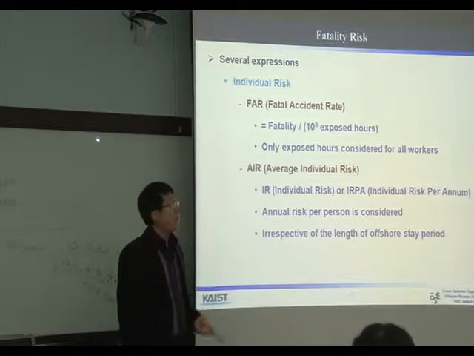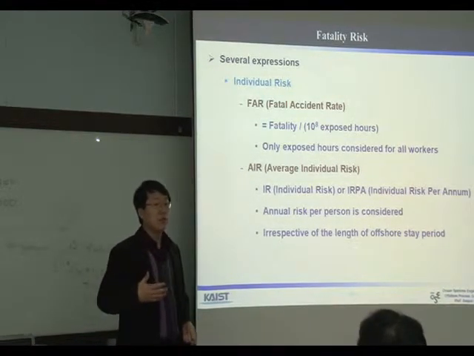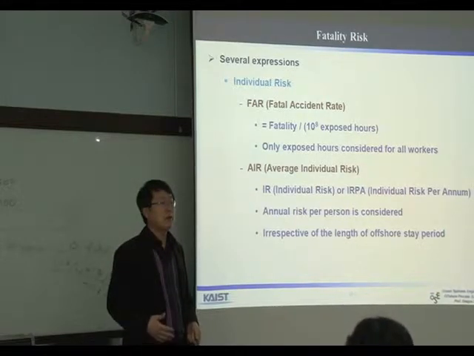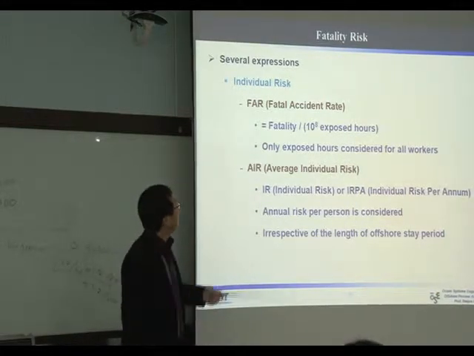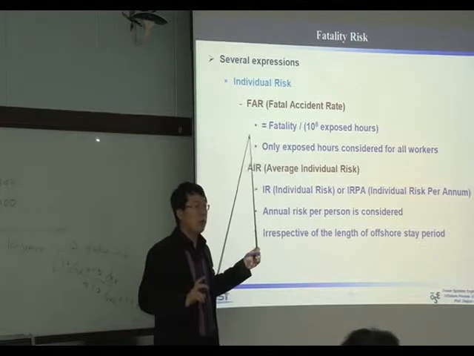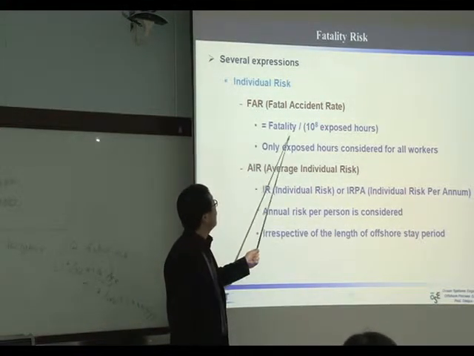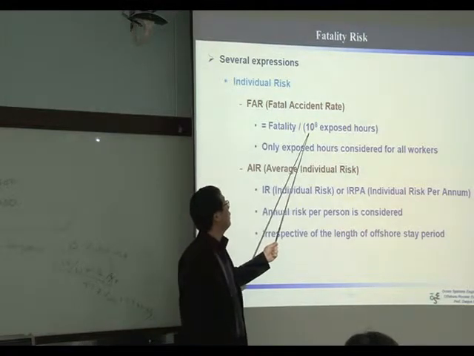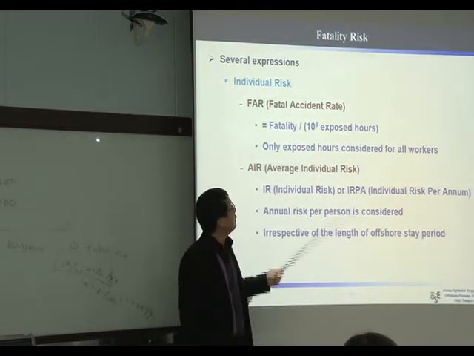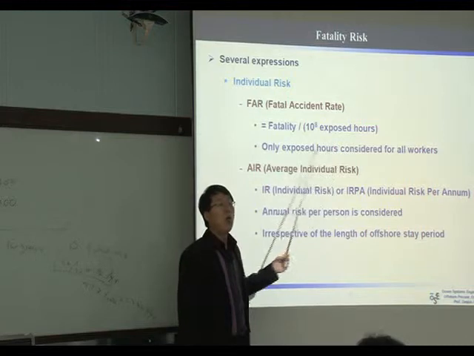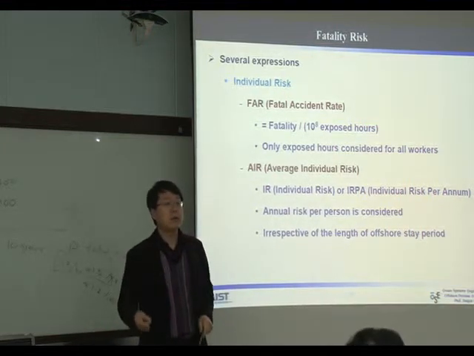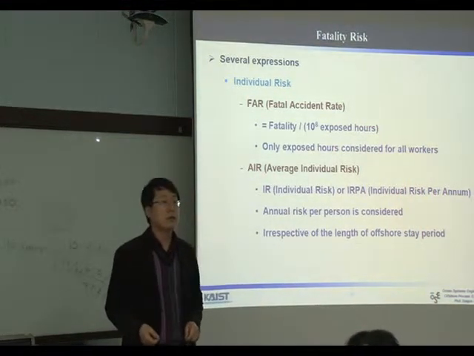FAR, fatal accident rate, is where we normalize for the platform size. In this case, more precisely, FAR is equal to fatalities divided by 10^8 exposed hours. This is the working hours of all the operators.